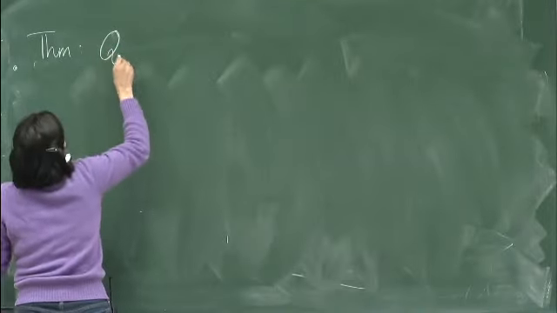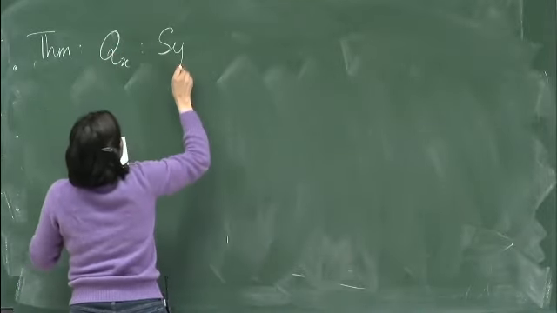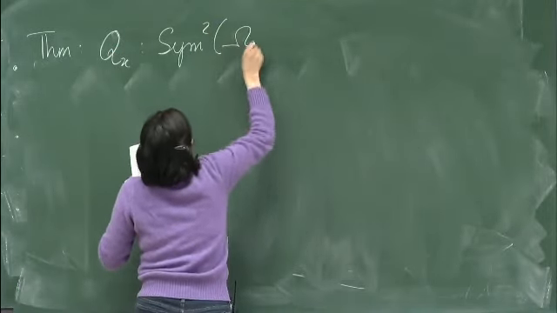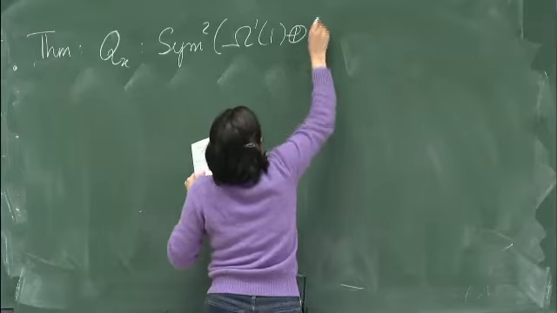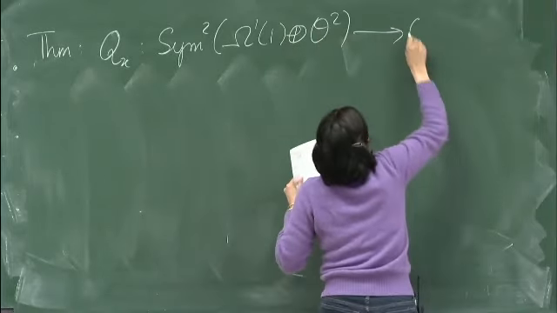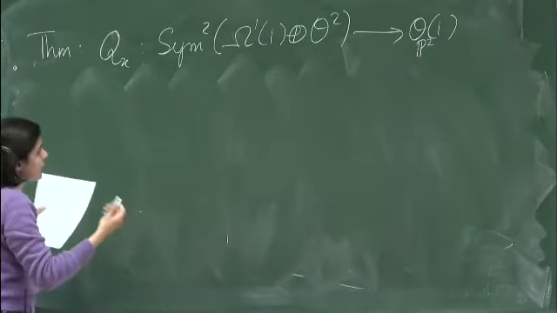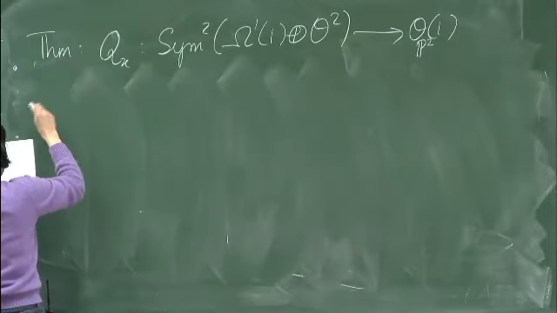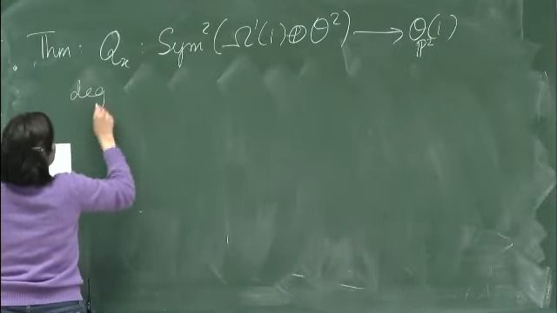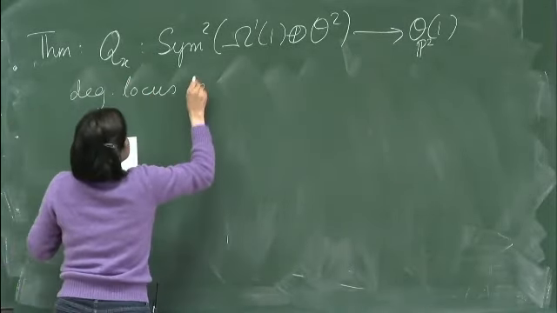So Q sub x is a quadric bundle on Omega 1 of 1 direct sum O2 with values in the line bundle O of 1, and the degenerate locus is still C.